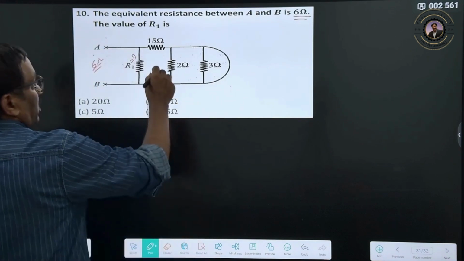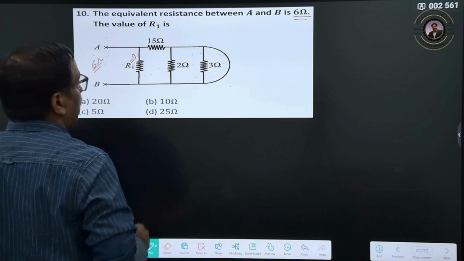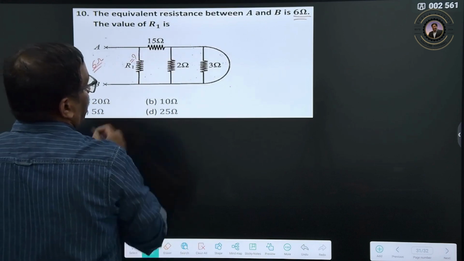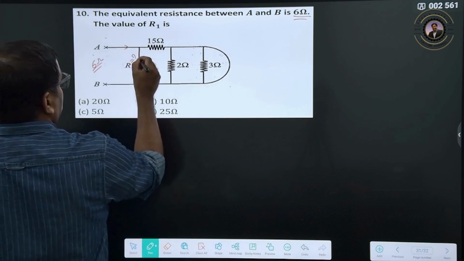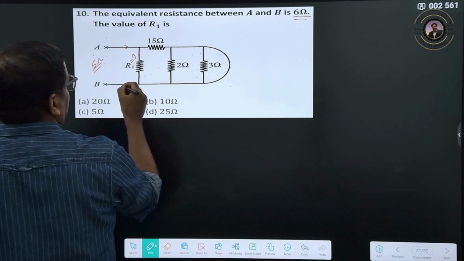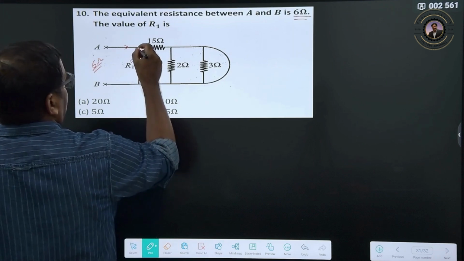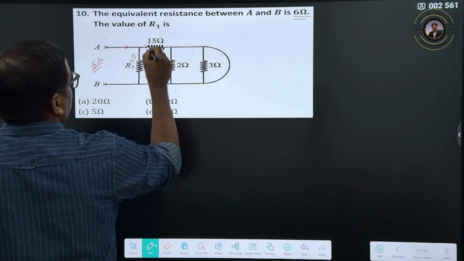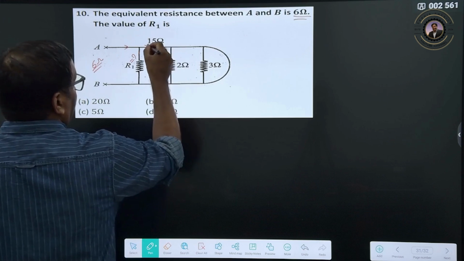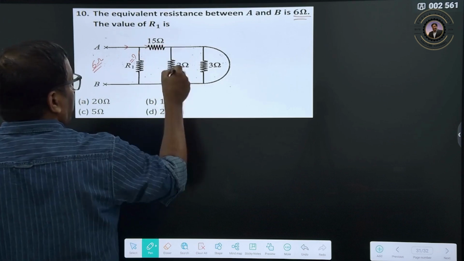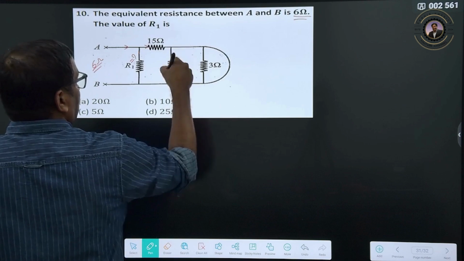Most of the students, what they will do, they will take all of this. Therefore they will take it here, the current will come here. Try to see this one. The current goes here, compulsorily it has to go from here to here. But the current can also go from here to here.